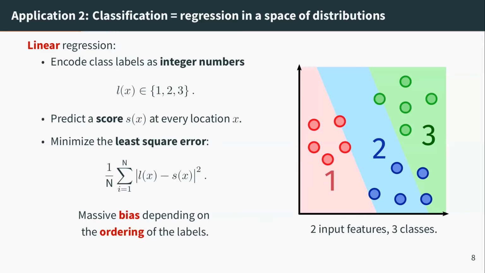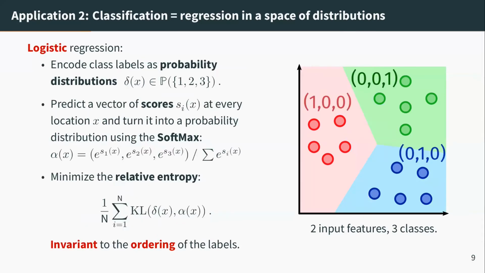So what do we do instead? Well, the equivalent to linear regression for classification is called logistic regression. And the idea of logistic regression is that instead of understanding our class labels as numbers in the set 1, 2, 3, we understand them as confidence scores or probability distributions on the set 1, 2, 3.